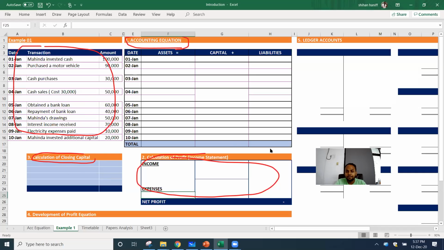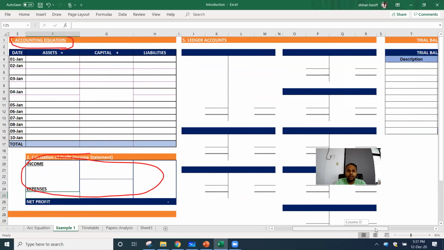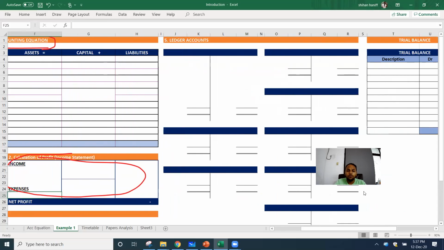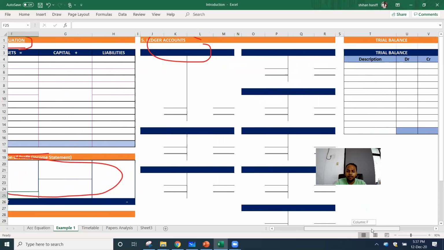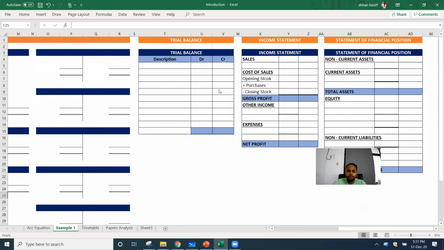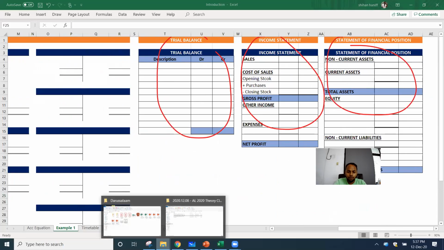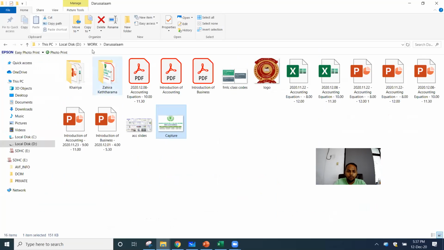So in the same transactions, we can show in the ledger accounts, and the trial balance, income statement, and statement of financial position. So you can do all this entire process.